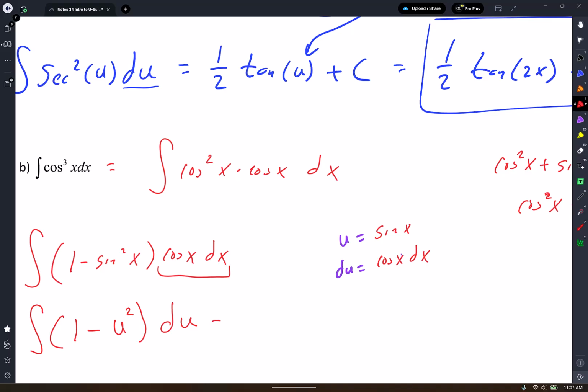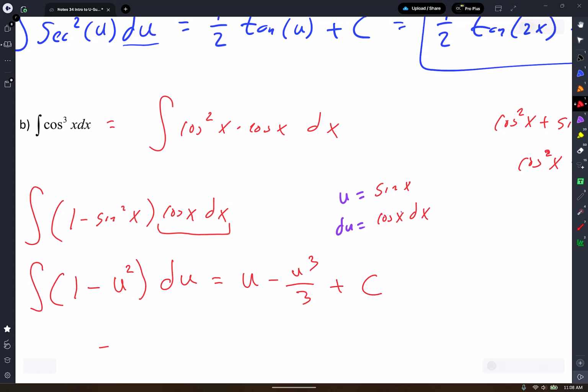Now I'm taking an integral with respect to what letter, Miss Kyle? U. What's the antiderivative of 1 with respect to u? U. What's the antiderivative of u squared with respect to u? Plus c. Do I have what u is? Yes, what is it? Sine x plus sine cubed x over 3 plus c.